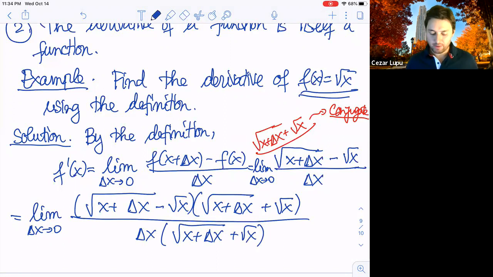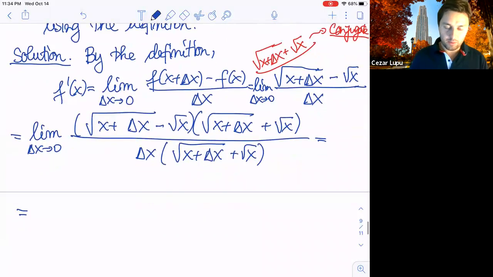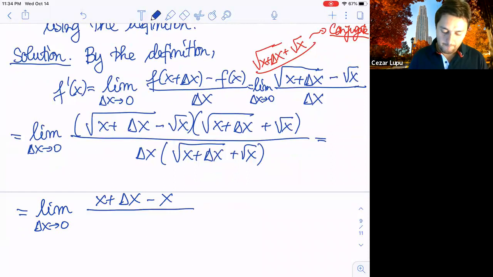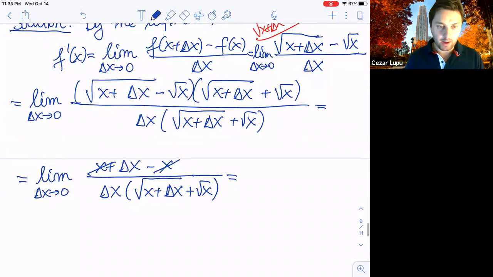Okay, so we have this. Let's keep going with our computations. So this would be equal to the limit as delta x approaches 0 of, when you multiply these, x plus delta x minus x, everything over delta x times the square root of x plus delta x plus square root of x. If we do more algebra, as you can see here, x will go away.